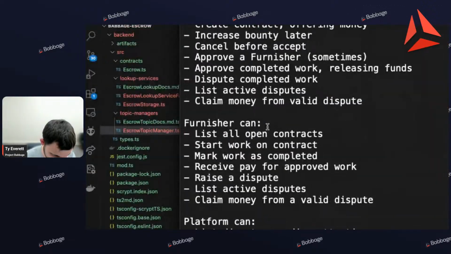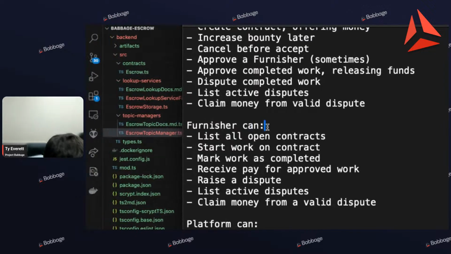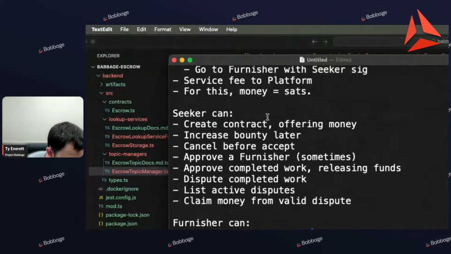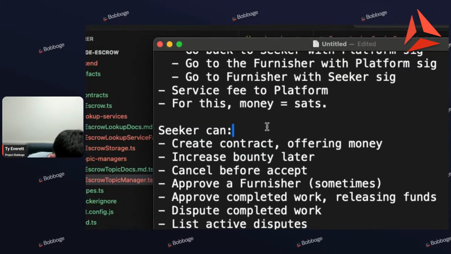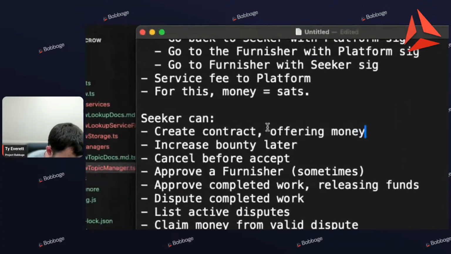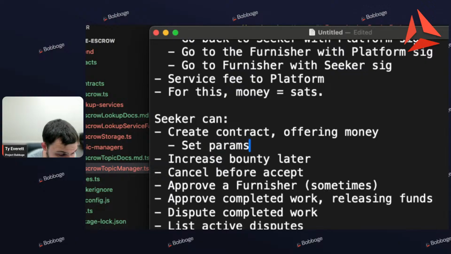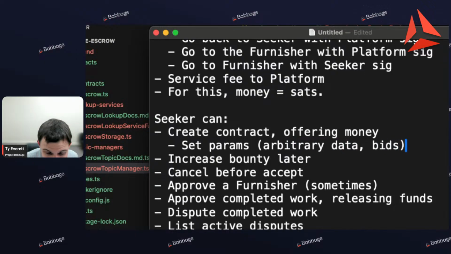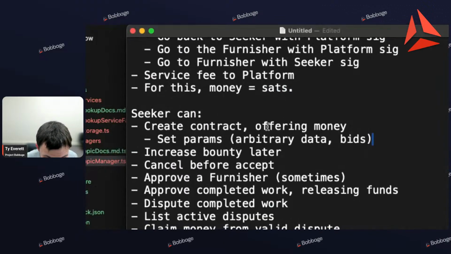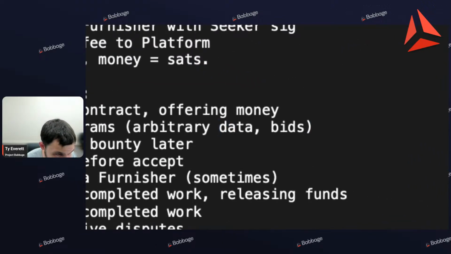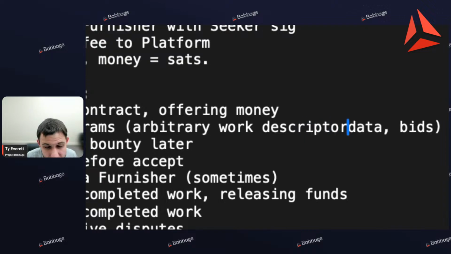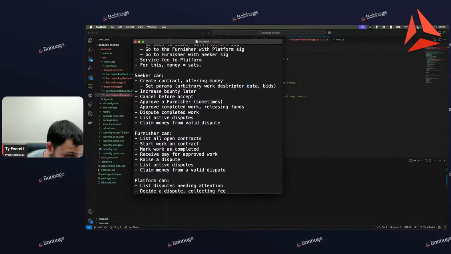Bids are essentially going to be a thing that, so, you can set your work descriptor data and your number of bids.